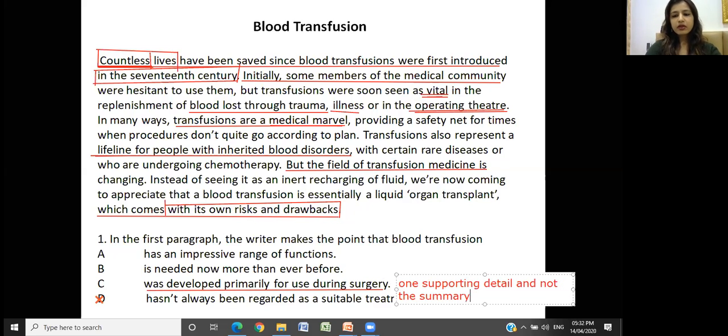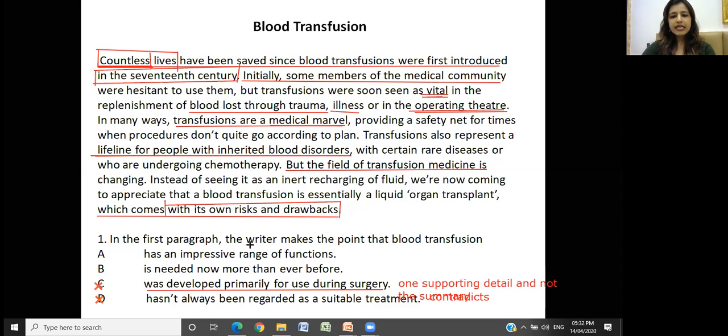So that is the reason why this answer choice is wrong, because it is true according to the paragraph, but what I'm dealing with at this stage is not true, false, not given questions. I am dealing with a main idea question, or I'm dealing with an opinion question, right?